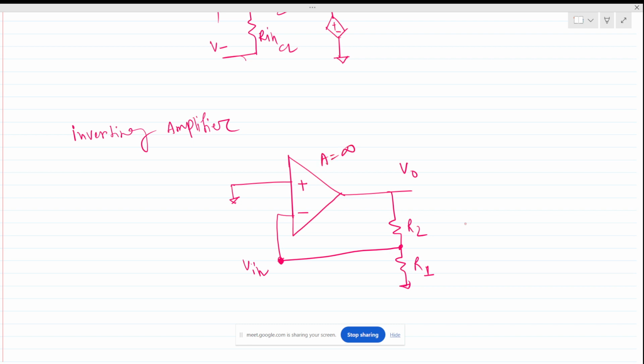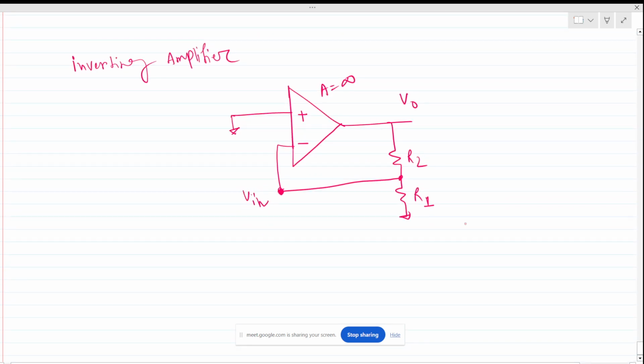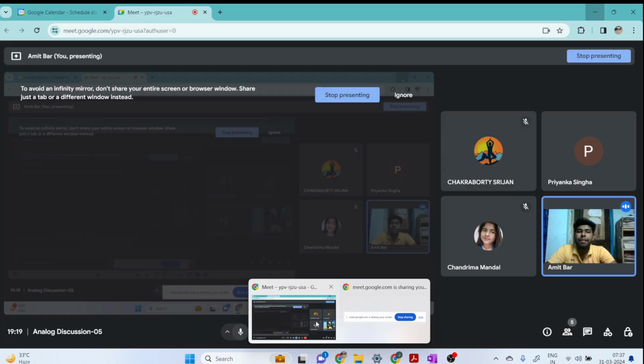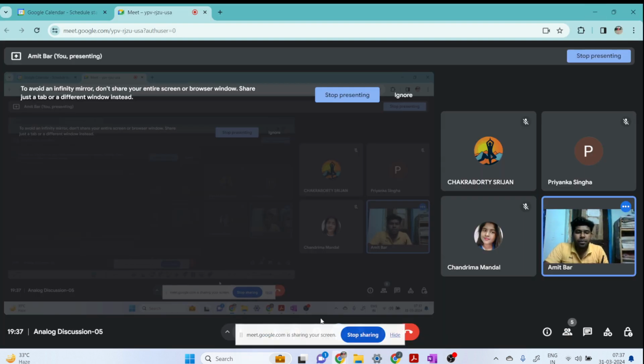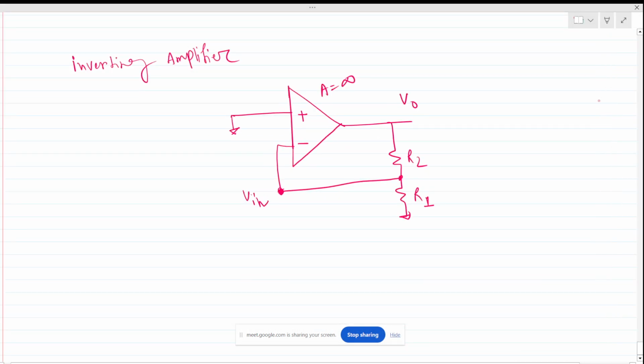Now if we try to solve this circuit, what will be the gain, V out by V in? R1 by R2 plus R1.